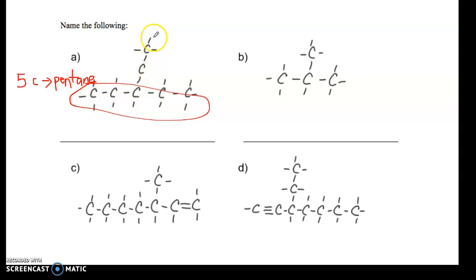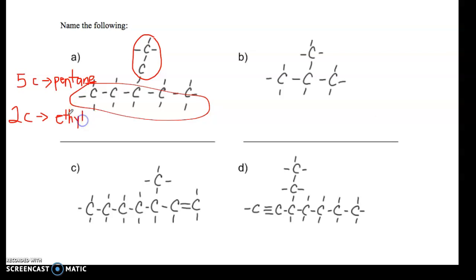Now, I see my branch is sticking out right here. My branch has how many carbons? It has 2 carbons. So if I look on Table P, 2 carbons is ethyl. Ethyl, good job. And because it's a branch, it's going to end in -yl.